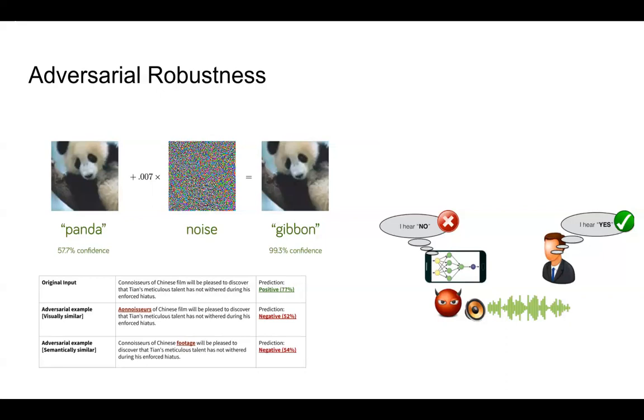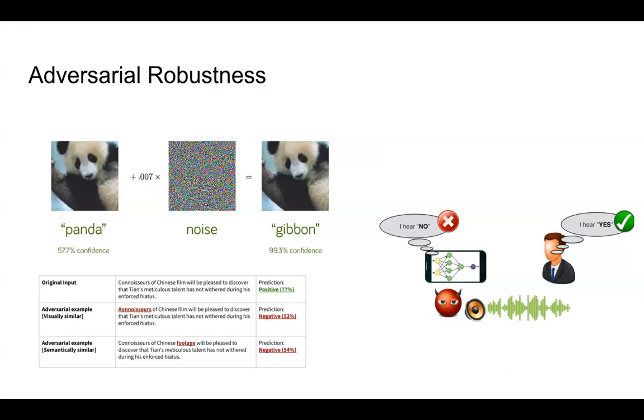They add this noise to the target image and get another image which they call an adversarial image. And when they pass these two images to the classifier, they got different predictions.